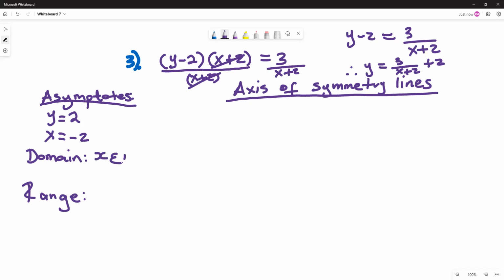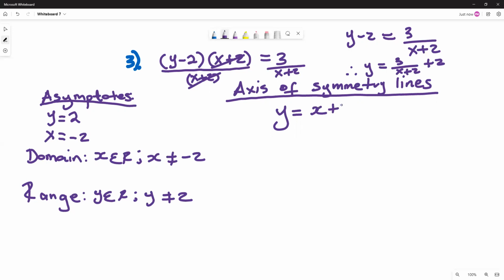Domain x ∈ R, the restriction is x cannot be the asymptote. And then y ∈ R, the restriction is y cannot be the asymptote. Then axis of symmetry lines. Remember the first one, you take the bottom, you add to the q. So x plus 2 plus 2, which is x plus 4.